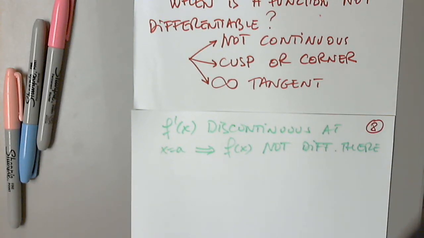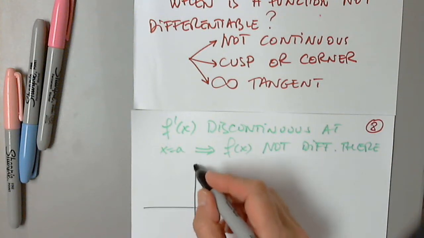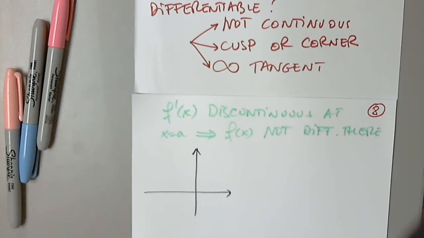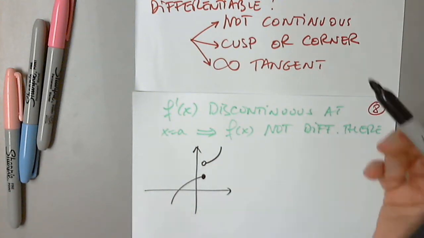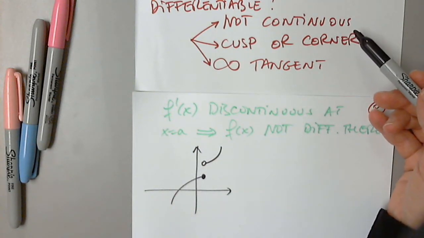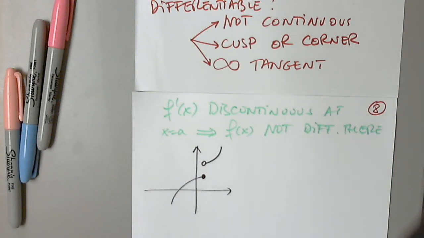Okay. So let me give you those examples. This is an example of not continuous. How come the function is not differentiable here?